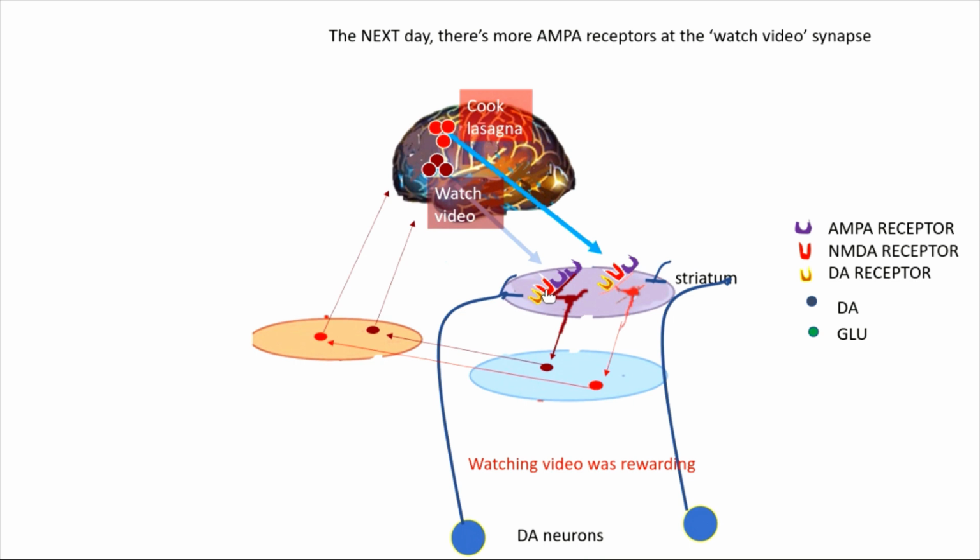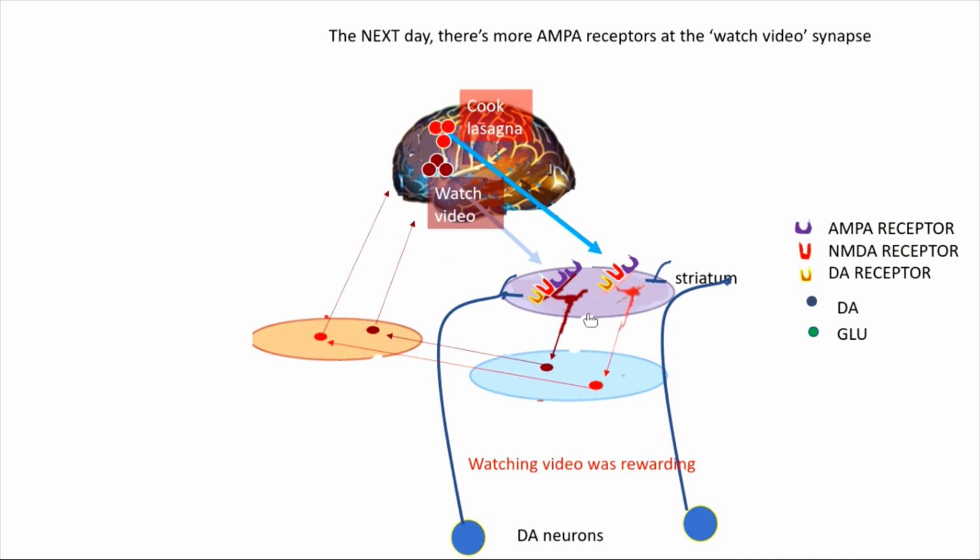What would happen there is I would just have basic levels of dopamine, no big surge. But I've already got that increase in AMPA. Now, if I do the behavior and I'm disappointed that it's not as good as I expected, and I actually get a drop in dopamine, you've got a background level of dopamine, and it can go up or down. If dopamine actually went down, I could lose the AMPA receptors.